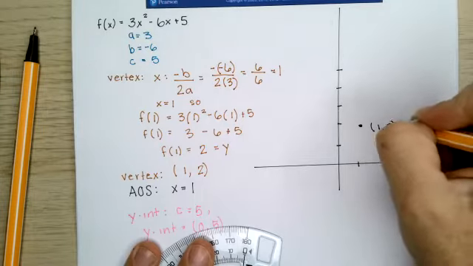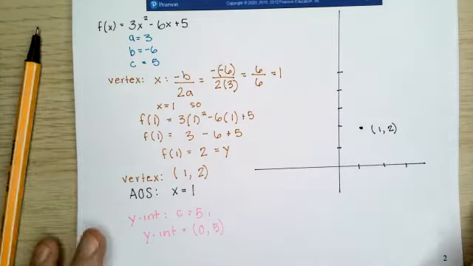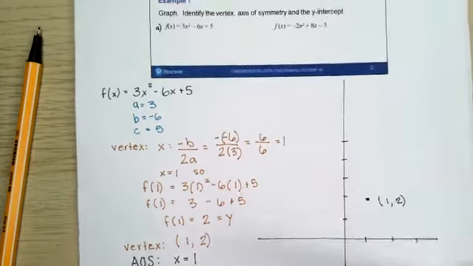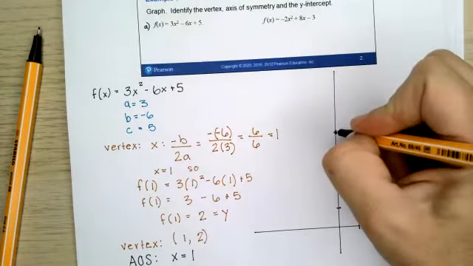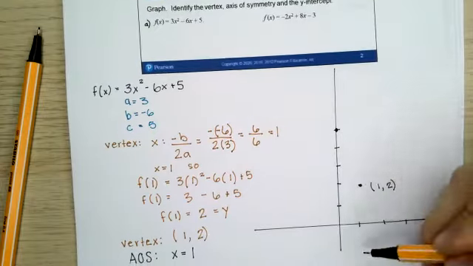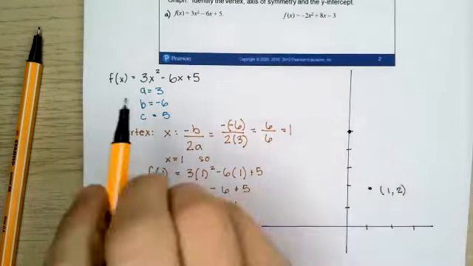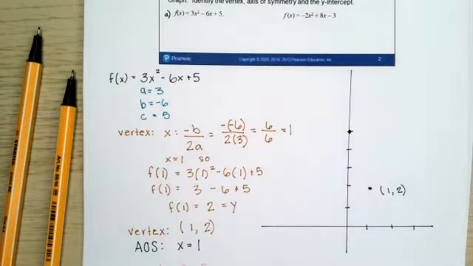X is 1, y is 2. Good. My y-intercept is at 0, 5. 1, 2, 3, 4, 5. So here's my y-intercept, right? My axis of symmetry is just the line x equals 1.